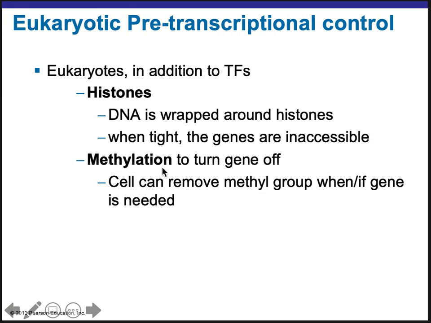We also have methylation, which are methyl groups added to the DNA, which will turn off a gene. And we have ways to remove those methyl groups to turn the gene on. Okay, so lots of different types of control on whether or not a gene is transcribed. That's going to give you the most conservation of energy and resources.